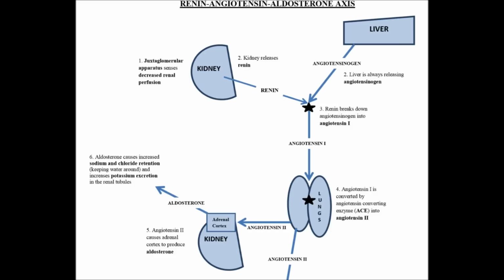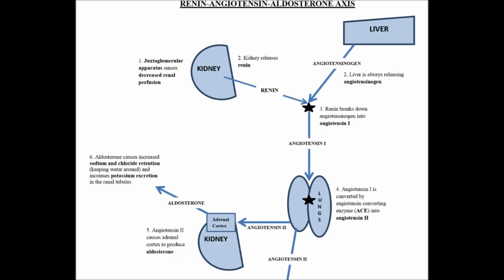Now angiotensin 2, like I briefly mentioned, has its own effects, and that can be stimulating the posterior pituitary to increase ADH or antidiuretic hormone secretion. So that's going to cause water retention because the antidiuretic hormone is going to say, hey, don't diurese, don't let more fluid go out of the body.